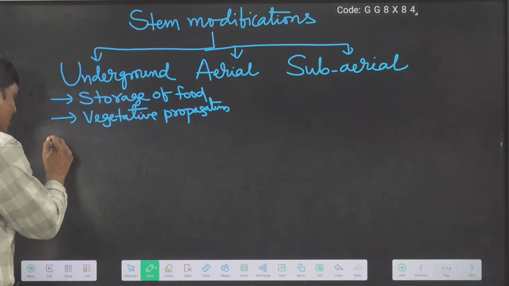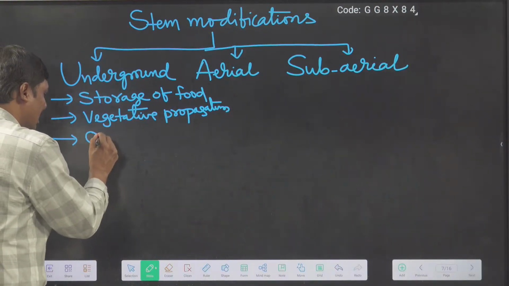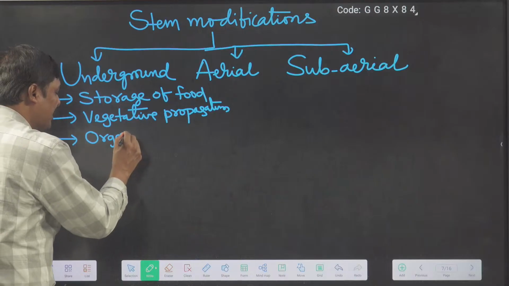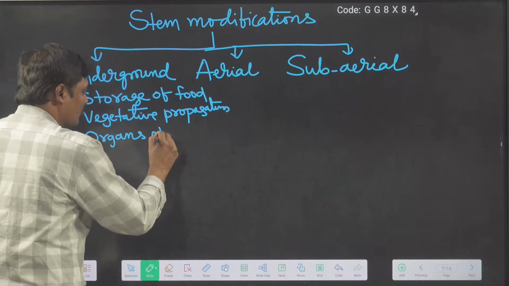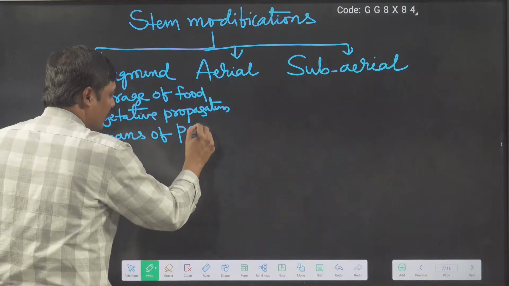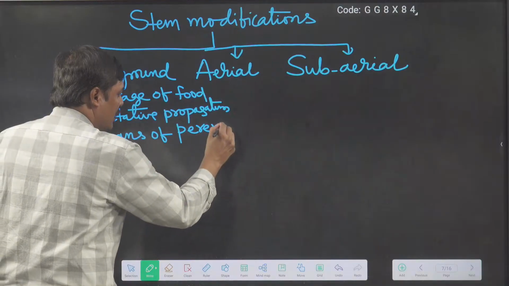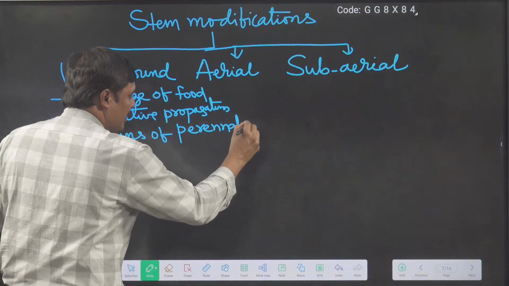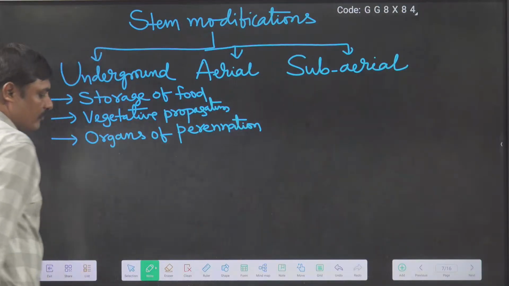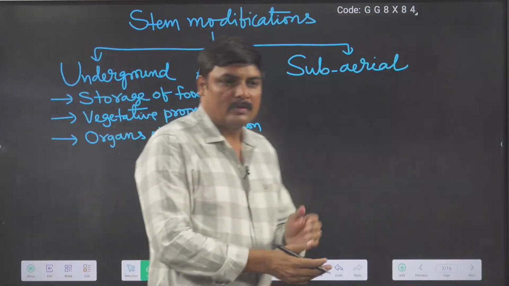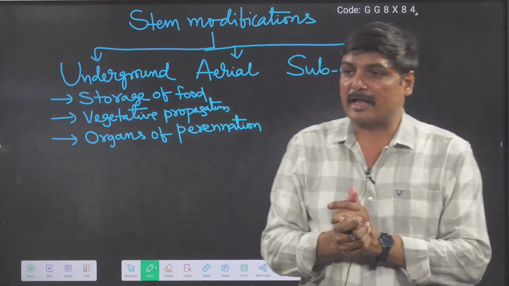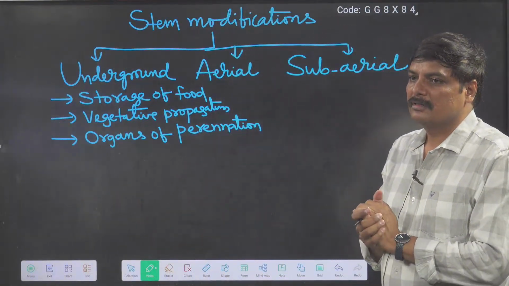They also act as organs of perennation. What is the meaning of organs of perennation?